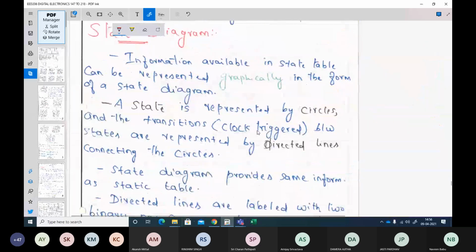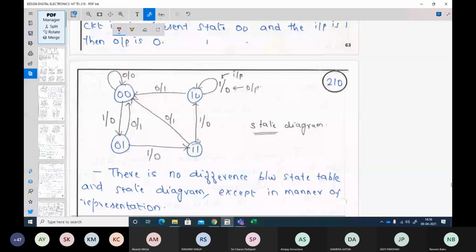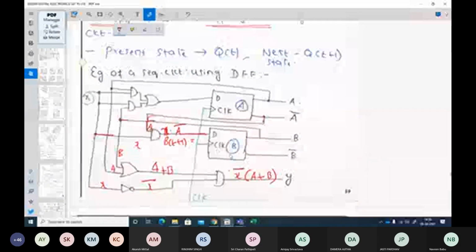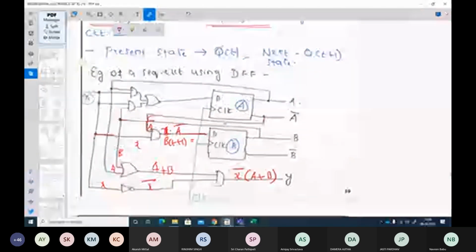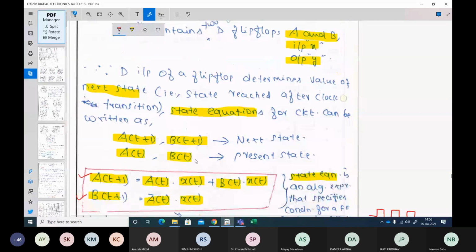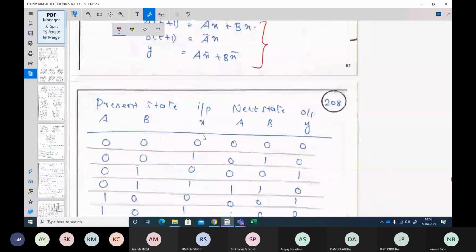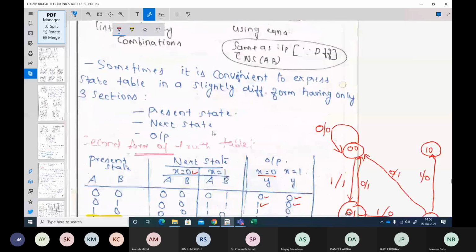Now the important thing is, let me recall how we started and how we ended. We started from the circuit diagram given. We wrote the Boolean equations, the state equations or transition equations, and from the transition equations we drew the state table, and from the state table we drew the state diagram.